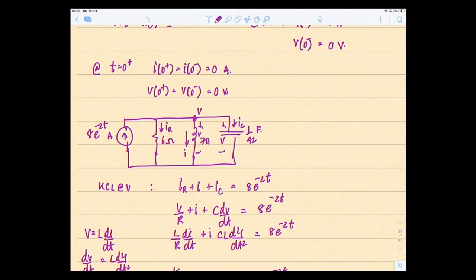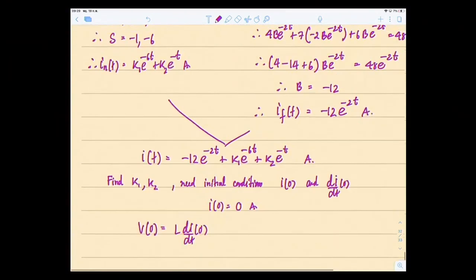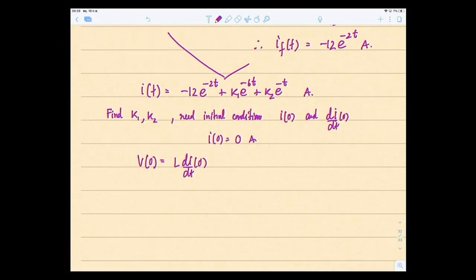And we have found that the voltage across the capacitor at 0 is also 0 volt. So therefore, di/dt at 0 is equal to v at 0 over L, so it's equal to 0 amp per sec also.